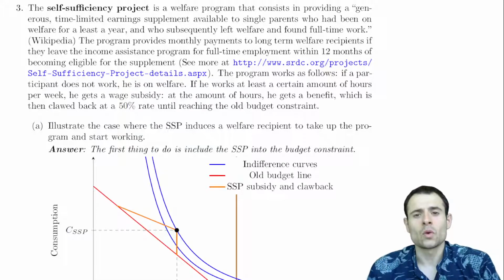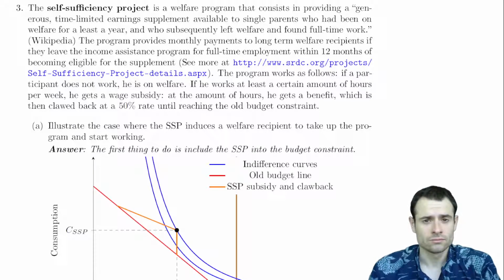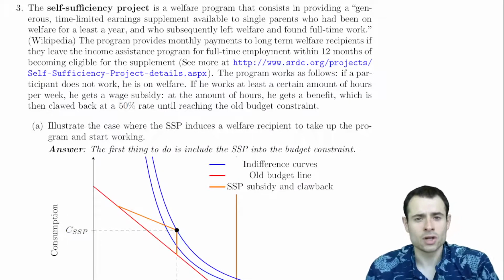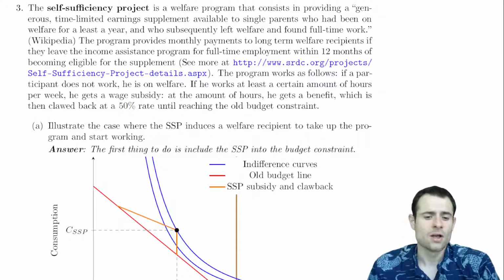Some who were not working before might find it worthwhile to now start working and to benefit from the program. Others, of course, might still value leisure so much that they will still not work, because the benefits from the SSP are not high enough.